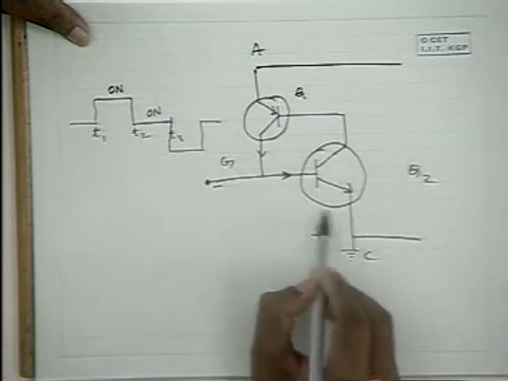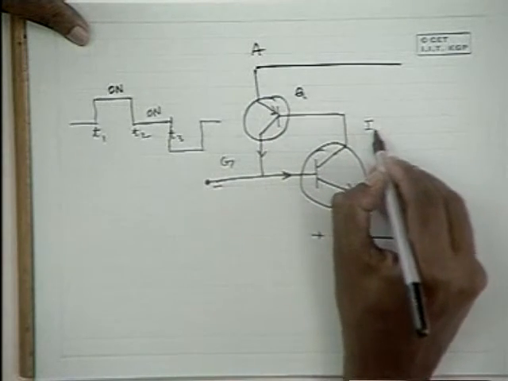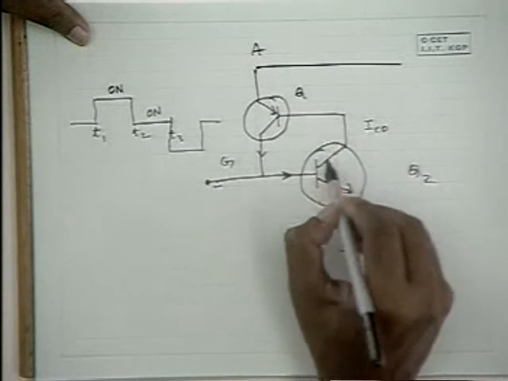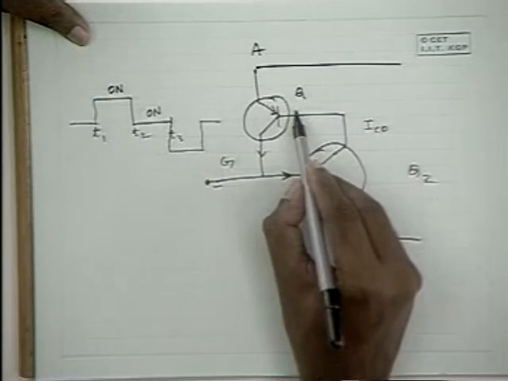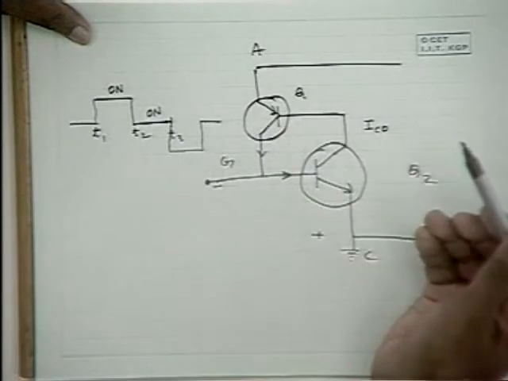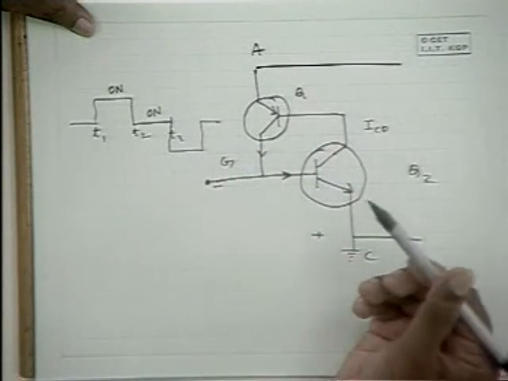And when no base current flows, the collector current becomes 0 except for IC naught. And when the base current drops down to 0, this collector current now drops down to 0.